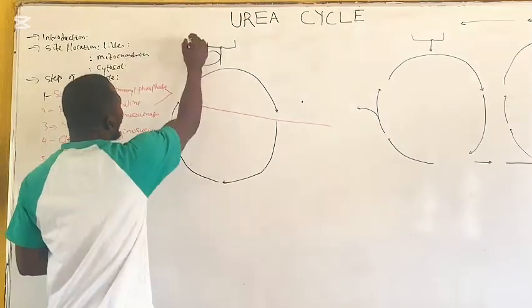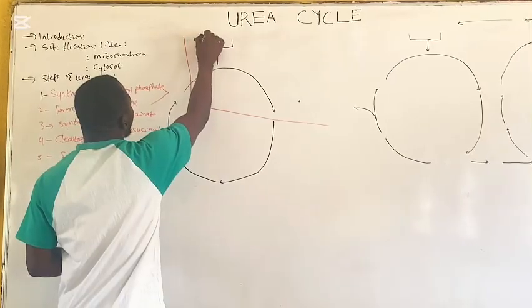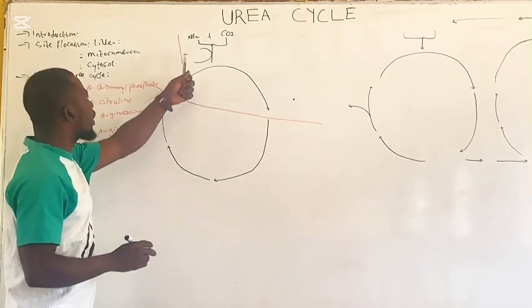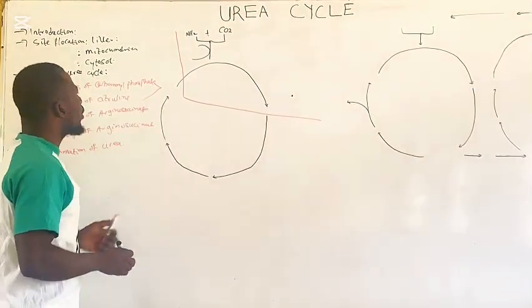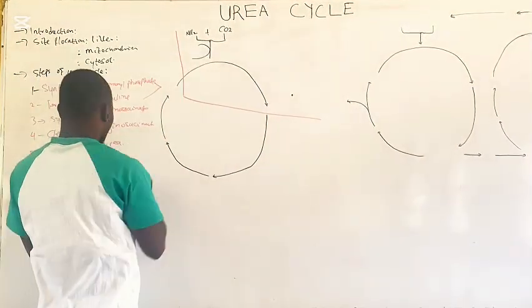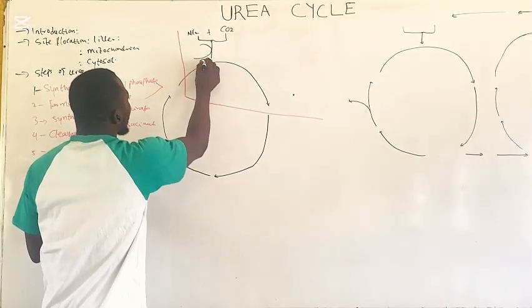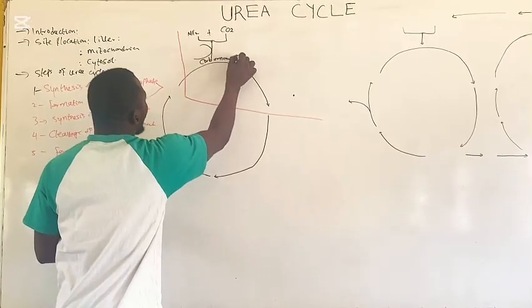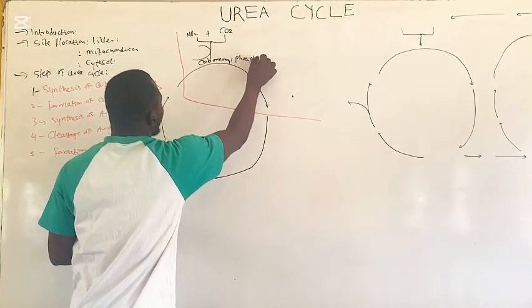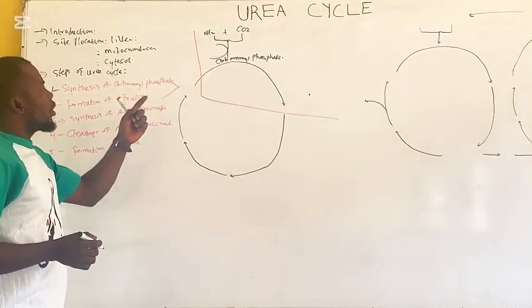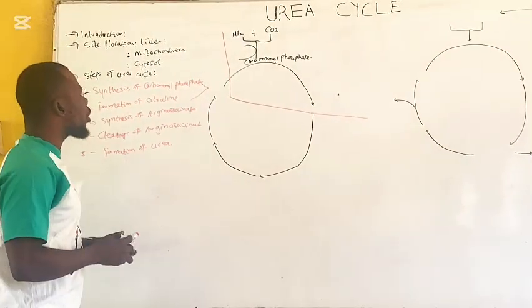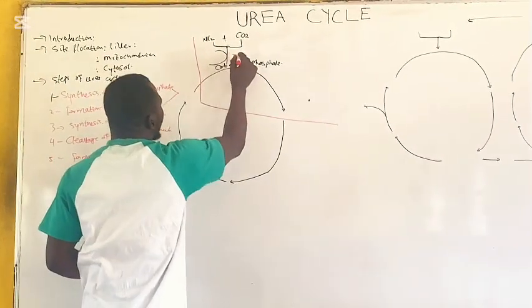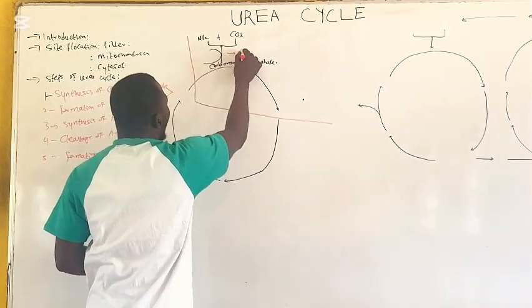Ammonia plus carbon dioxide will give us carbamyl phosphate. This step is catalyzed by an enzyme called carbamyl phosphate synthase 1.